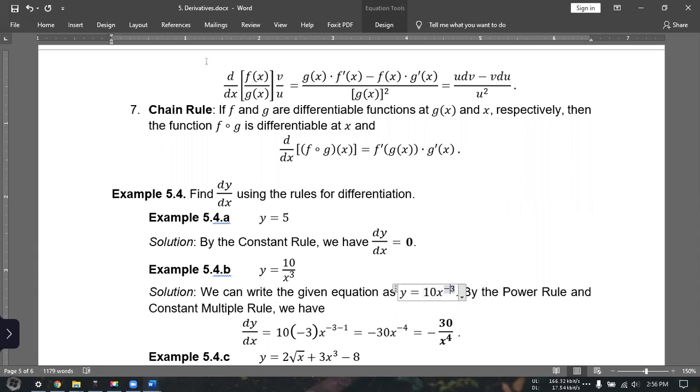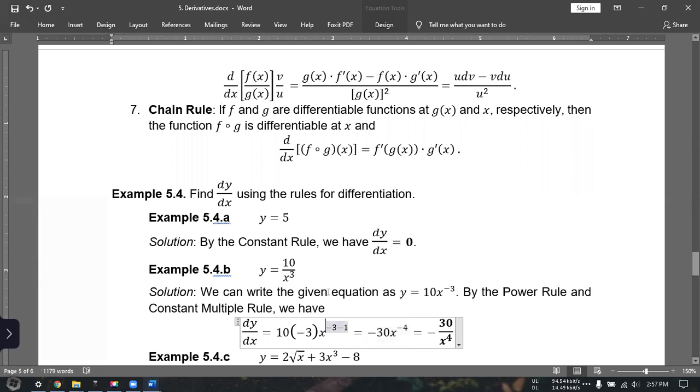Negative 3 times 10 is negative 30, and we subtract 1 from our exponent, so negative 3 minus 1 is negative 4. Applying again the laws of exponents, since the exponent is negative, we can rewrite that as negative 30 over x raised to 4.